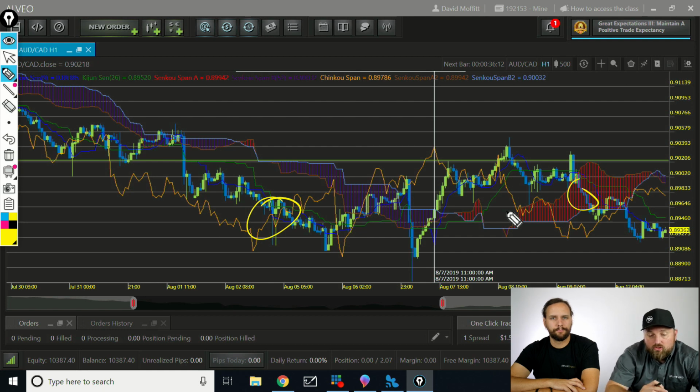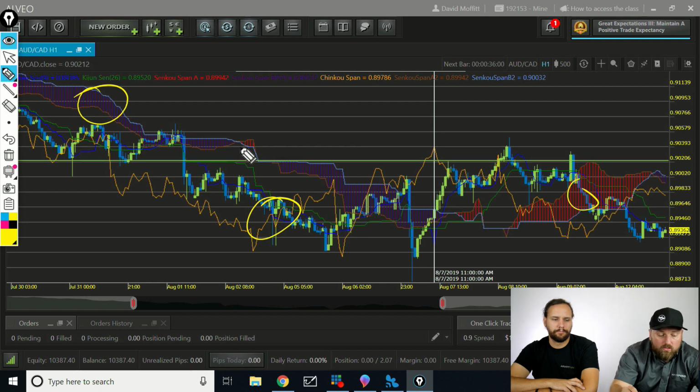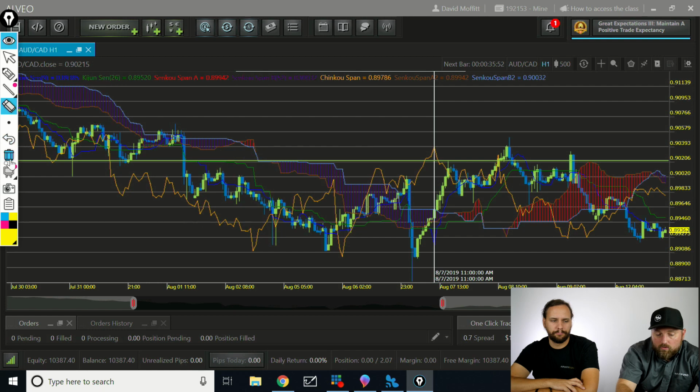You can adjust those, but I'm just trying to keep it to the basic bare bones. Just to recap, you have what's called the cloud, then you have your top line, and then you have your forecasting, your support and resistance lines.